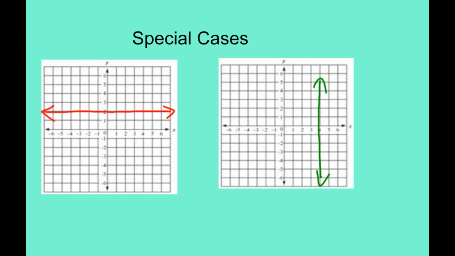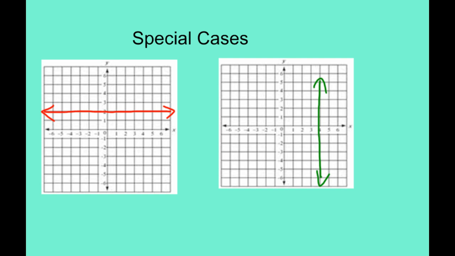To end this first lesson, we're going to look at our special cases of equations. You've already written equations given a slope and a y-intercept, and you've written equations from a line. Our special cases of equations of a line here are a slope of 0 and our undefined slope. We need to remember, in order to be a vertical or a horizontal line, you will only have one variable in each equation.